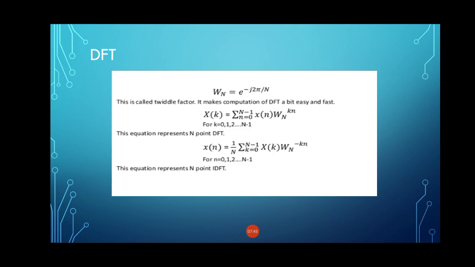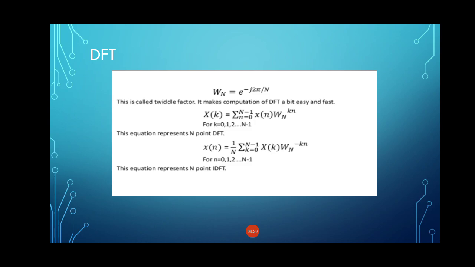Now the inverse DFT is given by x of n equal to 1 by capital N summation k going from 0 to N minus 1 X of k W_N to the power minus kn. If you want to find the similarity between DTFT and DFT equations, you will find that in DTFT there was a negative sign in the power of e to the power minus j omega n, and in the inverse DTFT there was a plus sign.